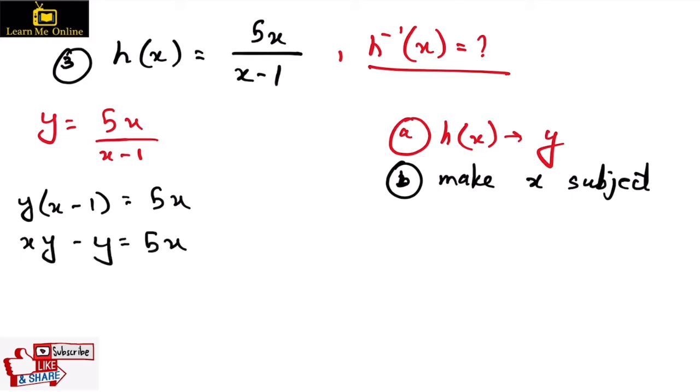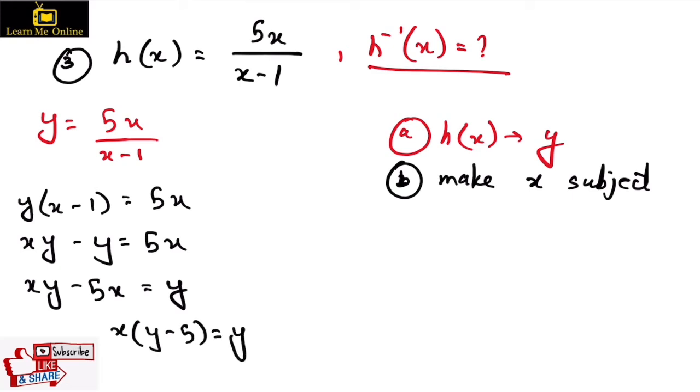Take the x terms onto one side, so you have xy minus 5x equals y. You factorize x from here, so it would be x times (y take away 5) equals y. Because you're finding the x value, x would be y over y take away 5.